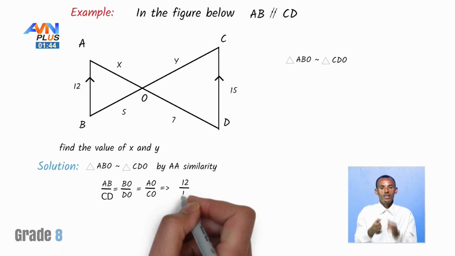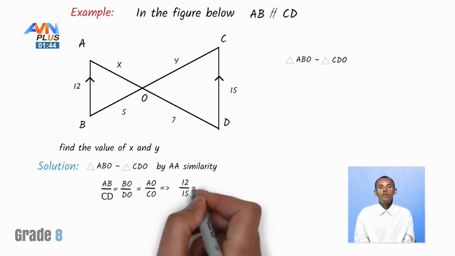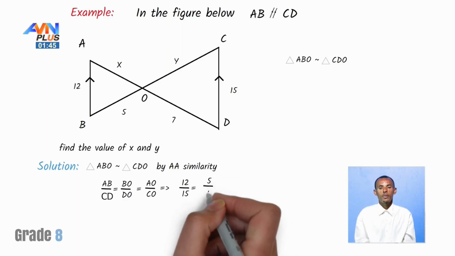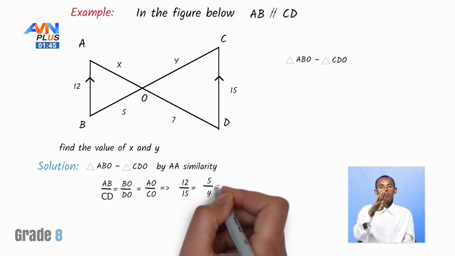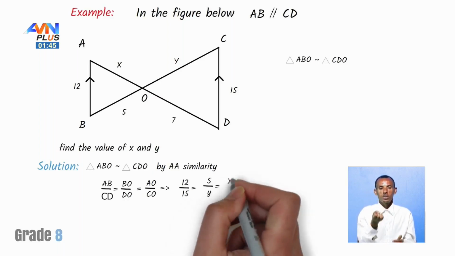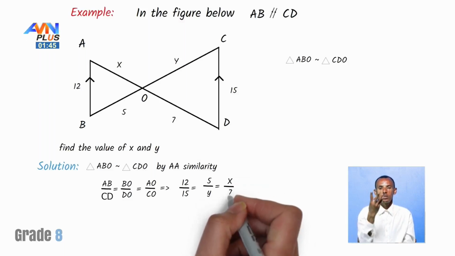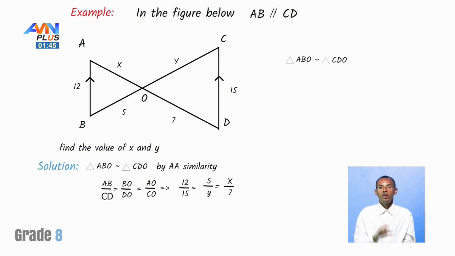Substitute all these values, and CD is 15. This must be the same as BO. Okay, BO is 5 over DO, or OD is Y, right? And this must be the same as AO, which is X, over CO, which is 7, right?